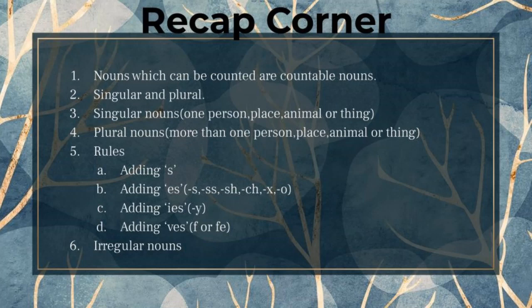thing. Students, we have seen some rules that show how to form plurals of nouns. Look at the first rule. We can change singular nouns into plural by adding the letter S. And the second rule is we can change singular nouns into plural by adding es to the nouns that end in s, ss, sh, ch, x, or o.